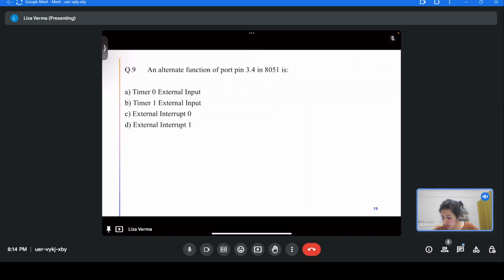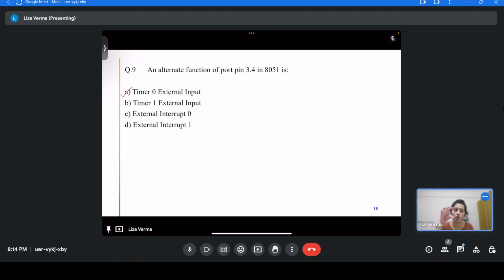Which brings us to the next. The alternate function of port pin 3.4 is, I think you need to remember the diagram for this. Timer 0, ma'am. Yes, very good. If you don't know, you don't know, but at least you should remember the different functions.